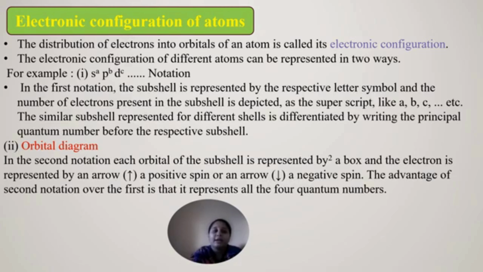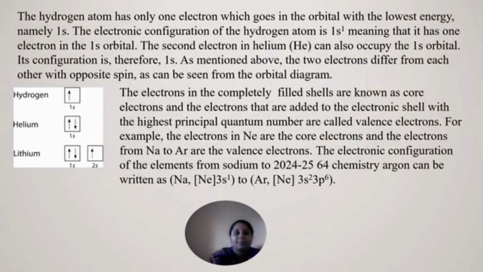The second type is the orbital diagram, where the subshell is represented by a box with an arrow indicating a positive spin or a negative spin. This orbital diagram helps in representing all four quantum numbers.